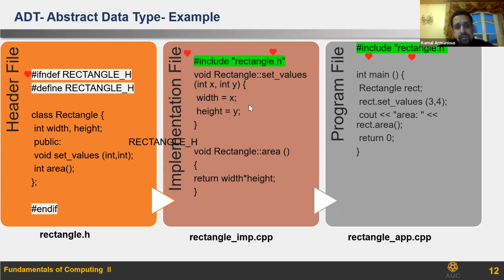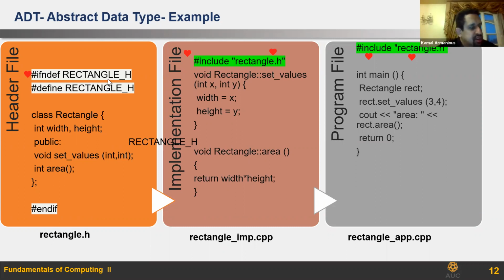What will happen? The first file to include rectangle.h will see, did I define rectangle underscore h or not? No, I didn't. Does it have to be the same name? Not necessarily, it can be any name you like, as long as it is a name.